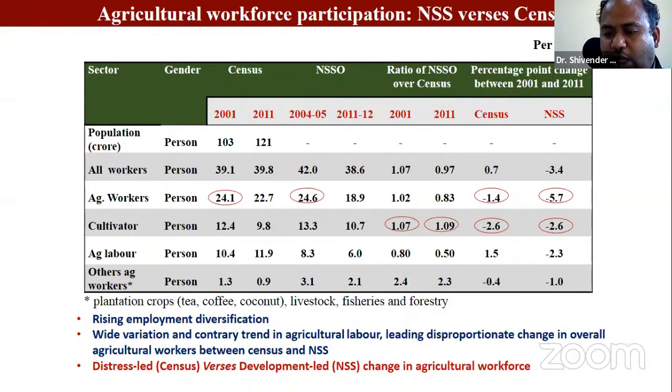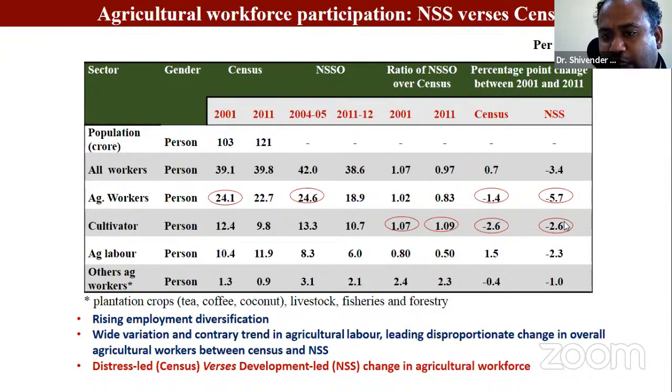I will not say the level of workforce should be the same, because one is census and one is a sample, but at least the trend should be the same. But that did not take place, because the census data clearly shows that between 2001 and 2011, the number of cultivators has declined by 2.6 percentage points.